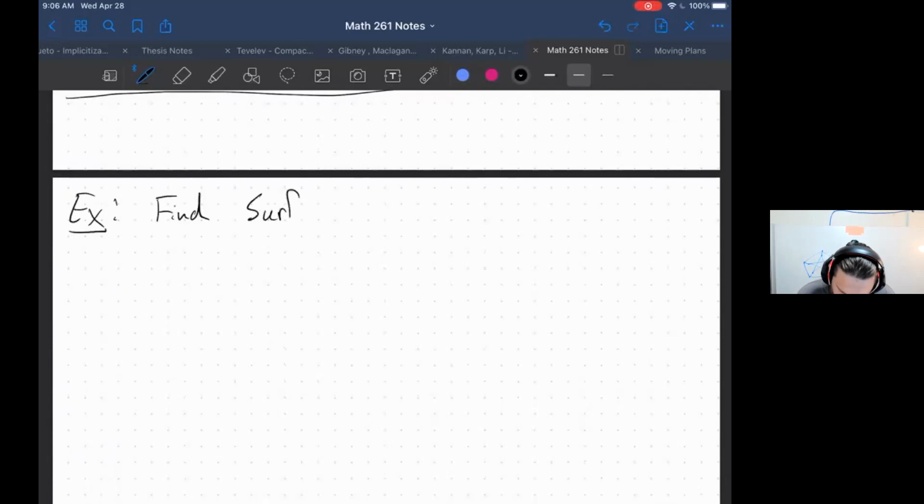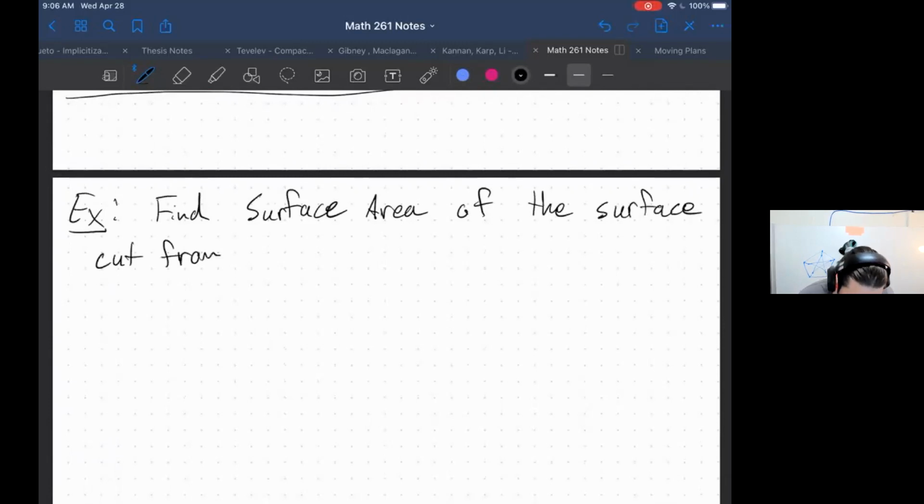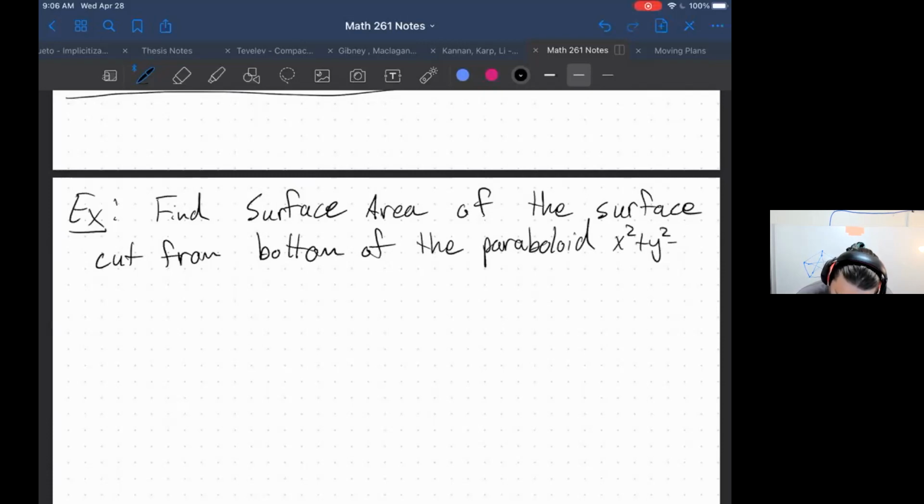So let's find the surface area of the surface cut from the bottom of the paraboloid given by x squared plus y squared minus z equals 0 by the plane z equals 4.